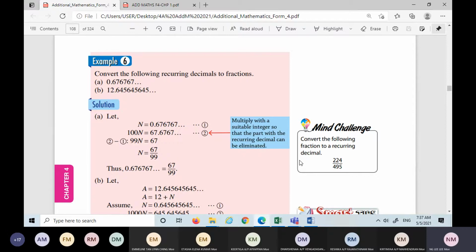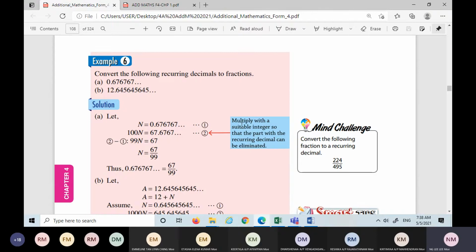We start with this. The first example, 0.676767. The part repeating is 67. The first step is to let this 0.676767 be n, or any other unknown. The second step, the blue color box: multiply with a suitable integer so that the part with the recurring decimal can be eliminated.